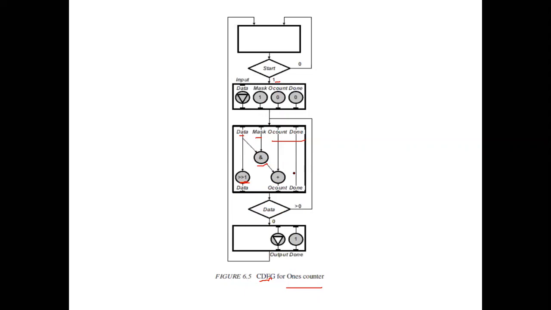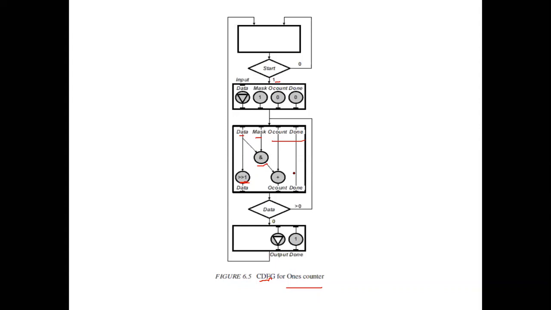Okay, same operation. First we are taking the data value, doing the logical AND operation with the mask variable, storing the result as output count. Then we are right shifting the data. Same procedure, output count will be equal to output count plus the data and mask. Again we are right shifting the data, and checking whether data is equal to 0.